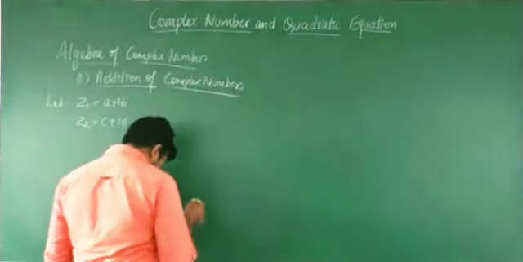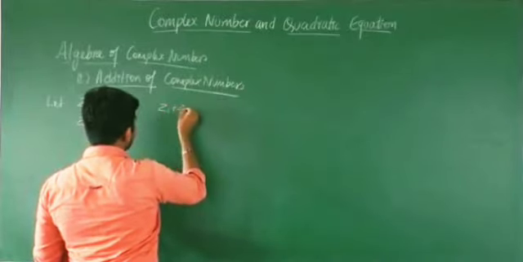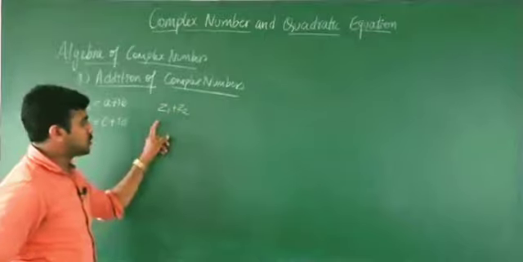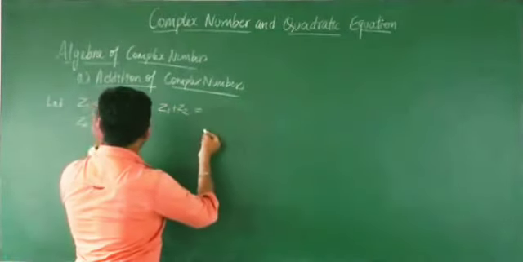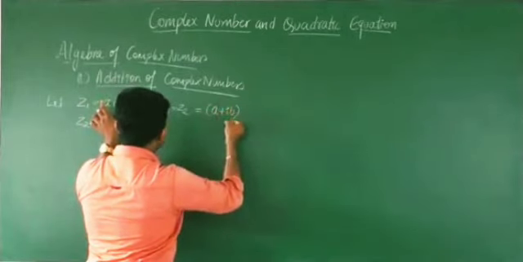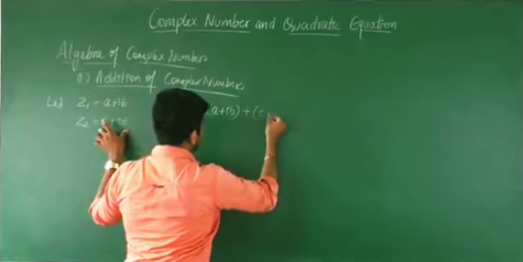So how to add them? You can write Z1 plus Z2. I need to find the value of Z1 plus Z2, so substitute the values. Z1 is a plus ib, and Z2 is c plus id.